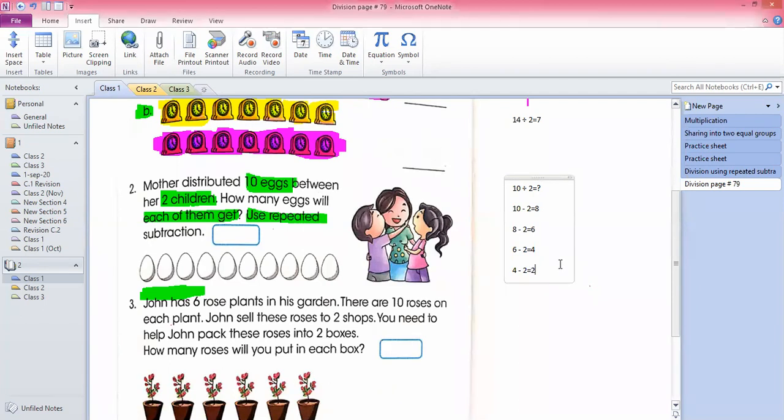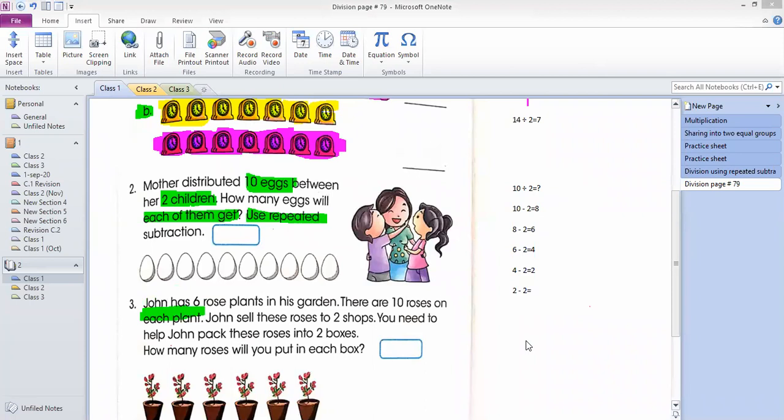Now there are only 2 eggs left. If you give again one more egg to each child, then how many eggs will be left? Tell me, 2 minus 2 equals to? Zero. Very good. The answer will be 0. Then there will be 0 eggs left.